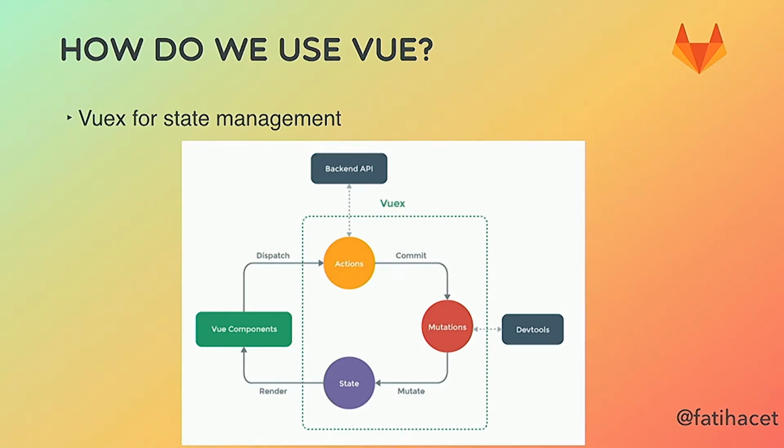Then it commits a mutation, which goes to this red circle. The red circle makes some changes to the data and comes to this purple circle, the state. When the state changes, the Vue component re-renders itself, and that's the cycle of Vuex. That's the best practice of Vuex, and we are following this diagram.